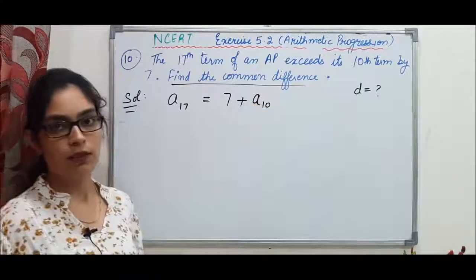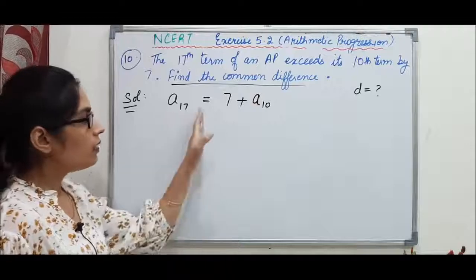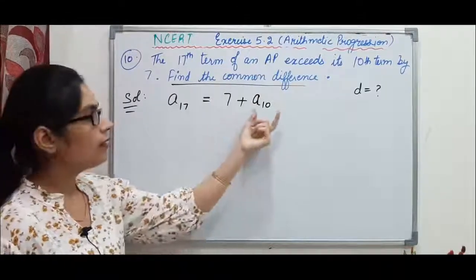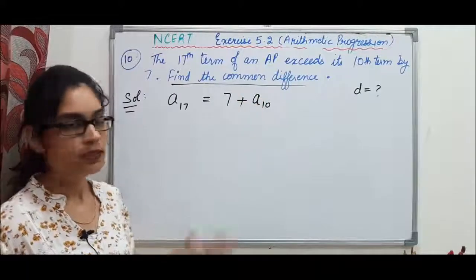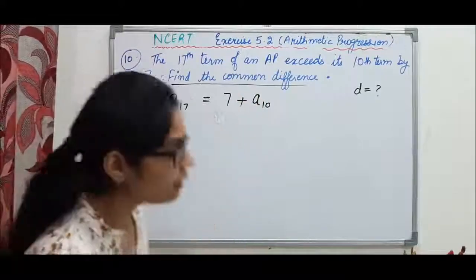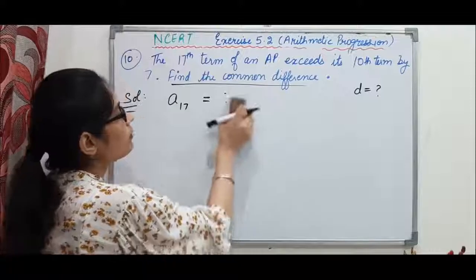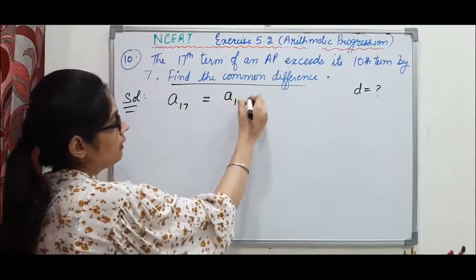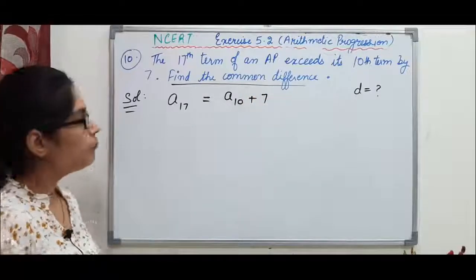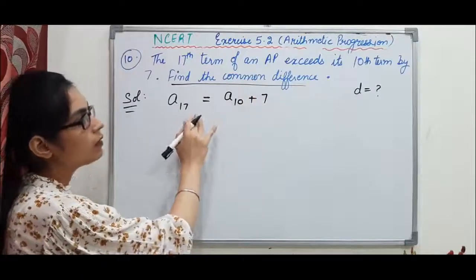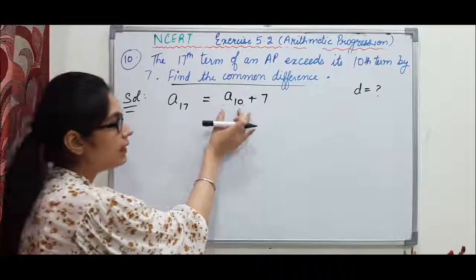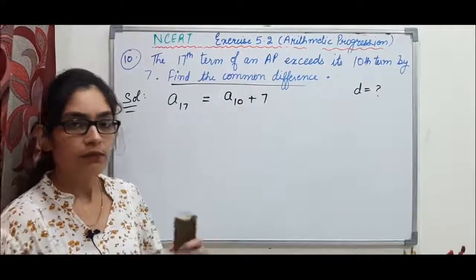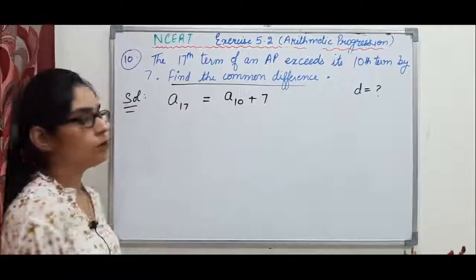So, this is given to us. 17th term is exceeding means plus only, 10th term plus 7. In this way also you can write that A17 is A10 plus 7. Same thing only. So, 17th term, it exceeds 10th term by 7. So, that means whatever the 10th term is, if we add 7 in that, it will become equal to 17th term.